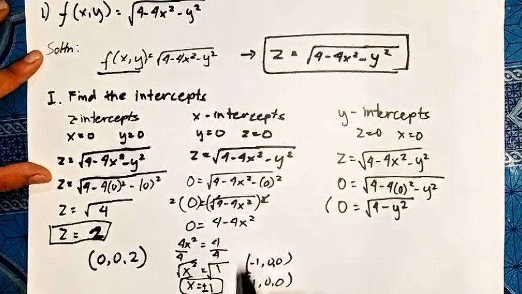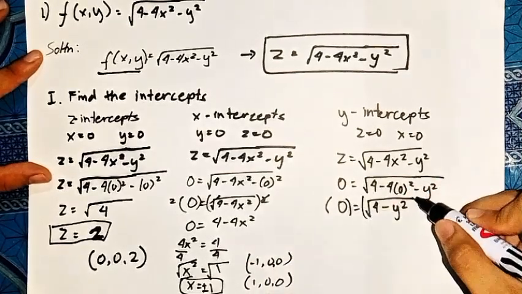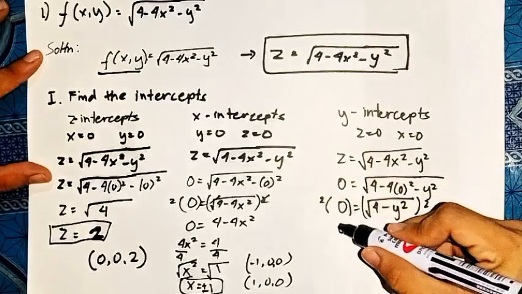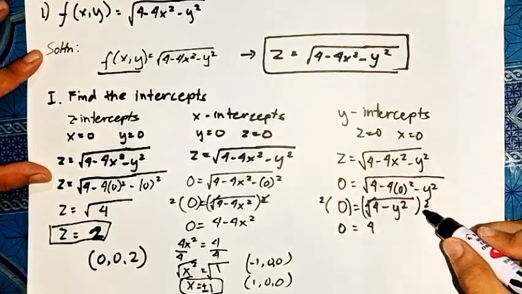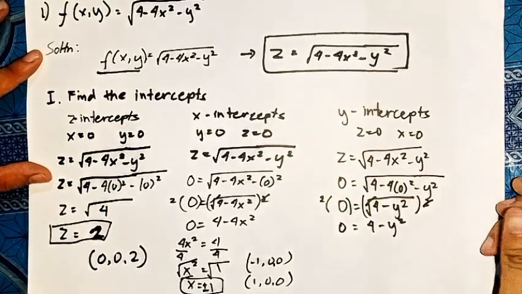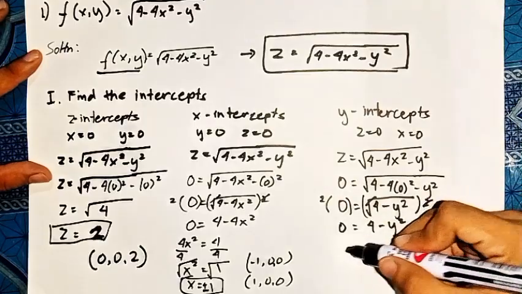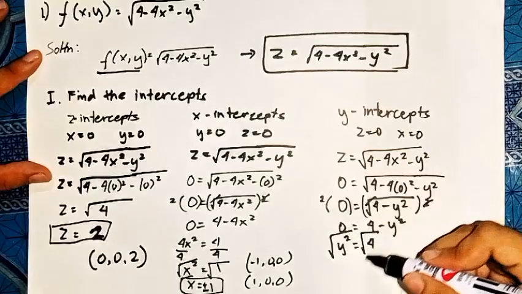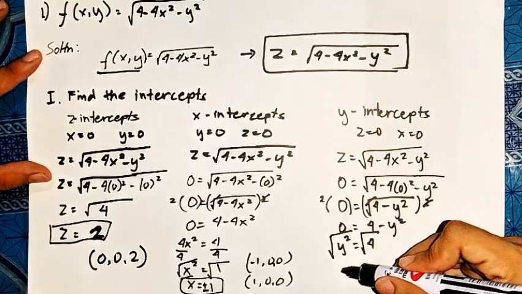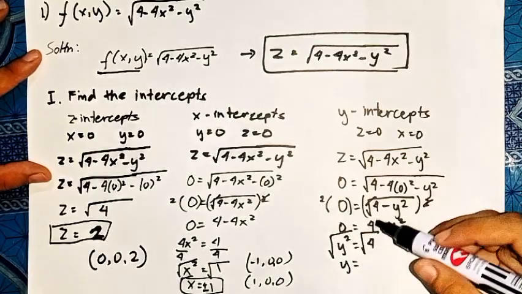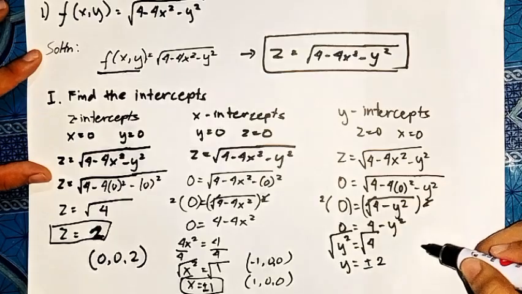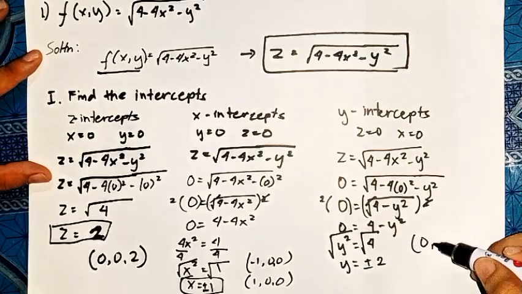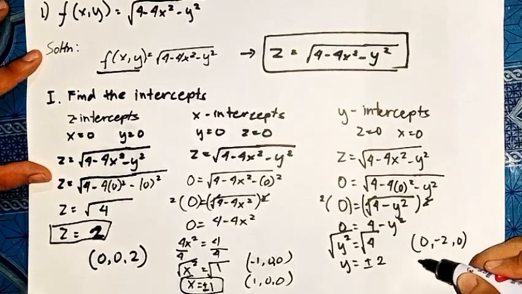Again, square both sides. So 0 equals 4 minus y squared. Now y squared is equal to 4. Taking the square root, the square root of y squared is y, and the square root of 4 is positive and negative 2. So we have (0, -2, 0) and (0, 2, 0).